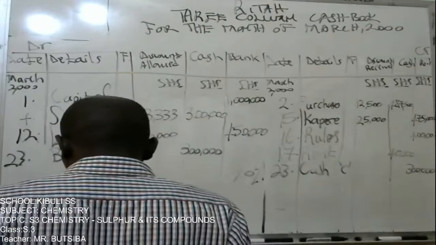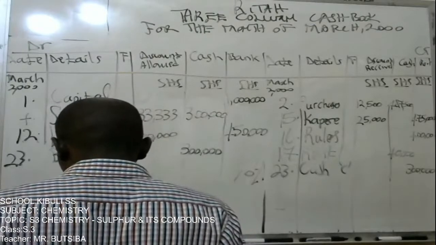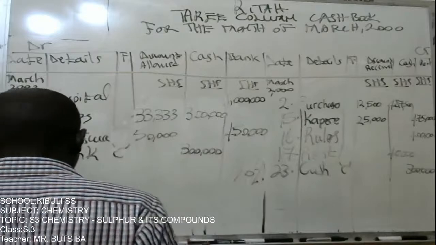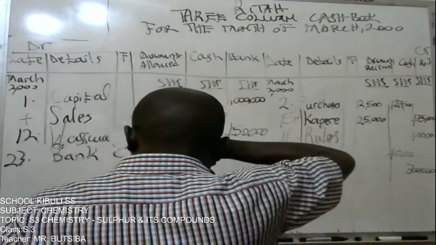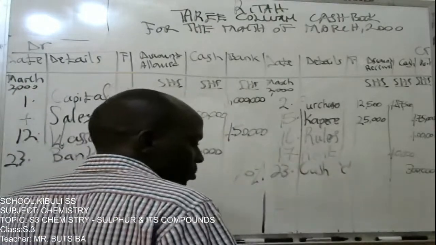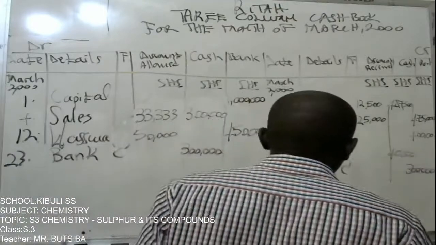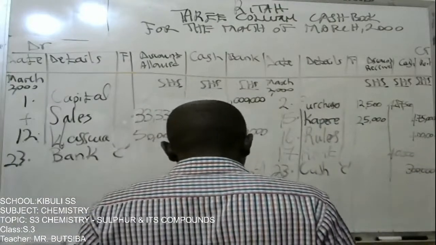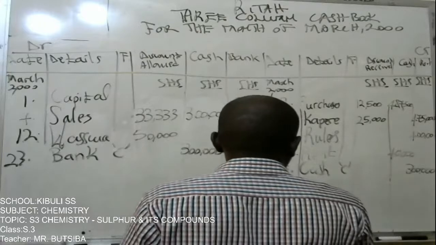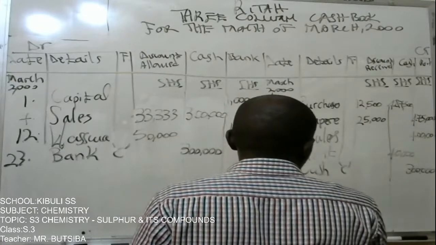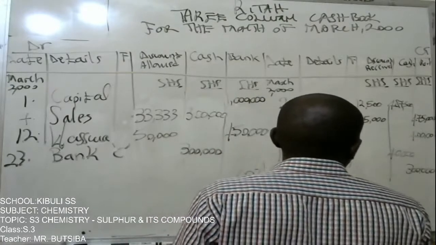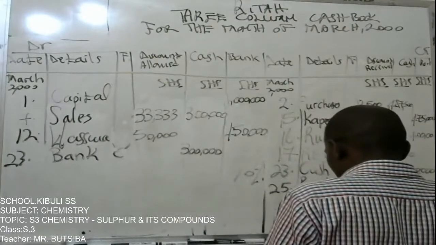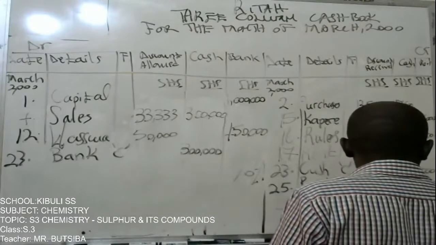Then the second last says 25th, banked cash. So you withdrew money from the business and took it to the bank account. That one is also a contra entry on 25th. In details, bank, because it is the cash which is losing, 100,000.